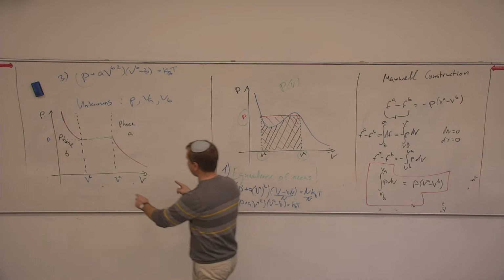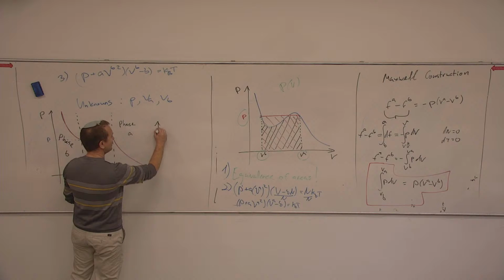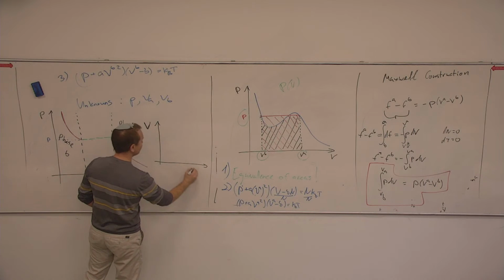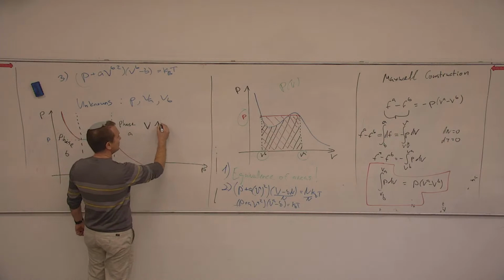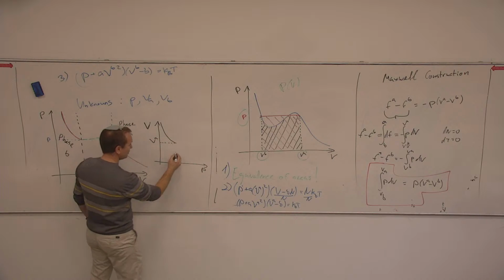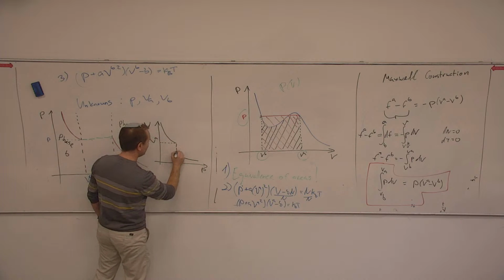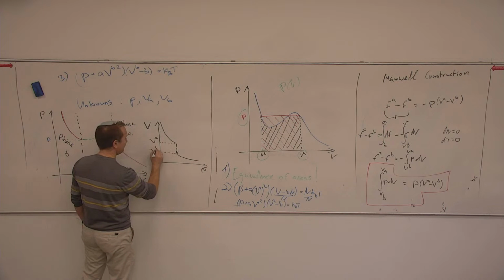Now, by the way, if I plot this the other way around, if I plot V as a function of P, okay, what will happen? It will go all of this way to reach nu A, and then it will jump abruptly to nu B. Okay.